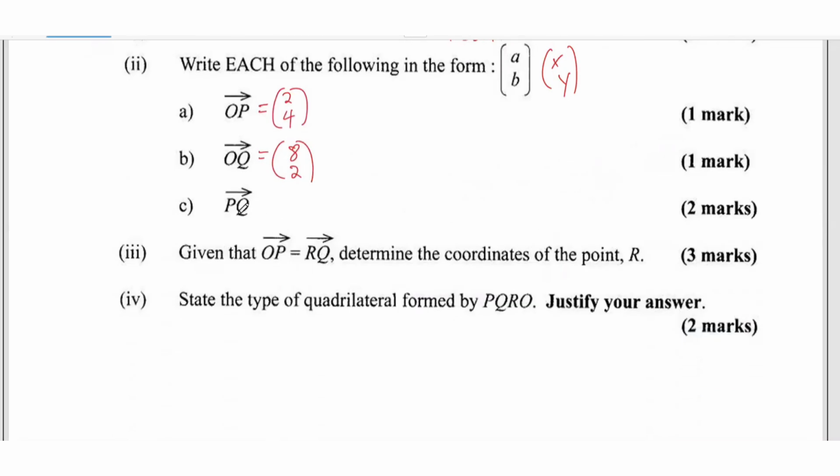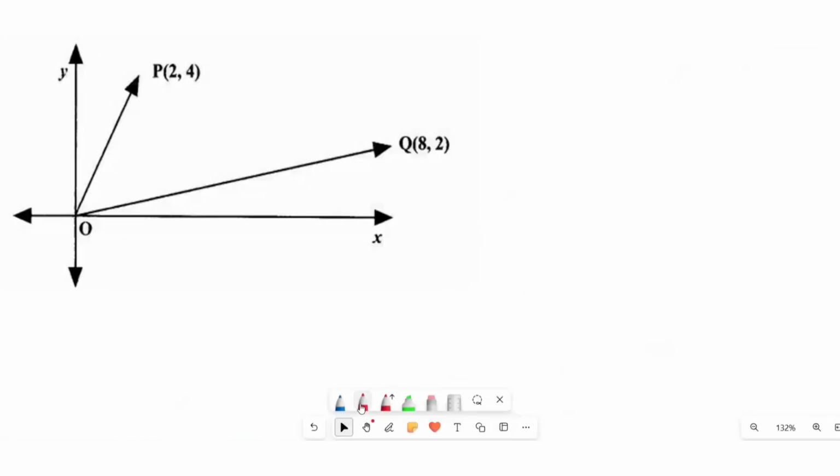Now they want us to do PQ. Now they want us to move from P to Q. So let us take a look. We want to find the PQ. Now remember that OP, look at the arrow, is 2, 4. And we also have OQ, which is 8, 2.